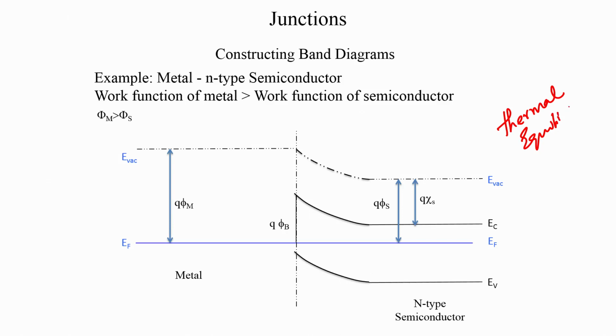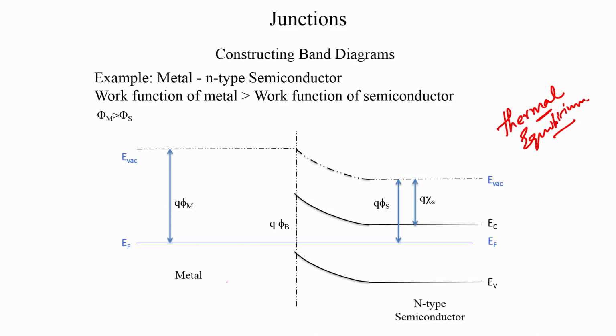If we go out of equilibrium, the Fermi levels need not be aligned, because then there is no reason for the flux from the left to the right to match the flux from the right to the left. So, it is all at thermal equilibrium.